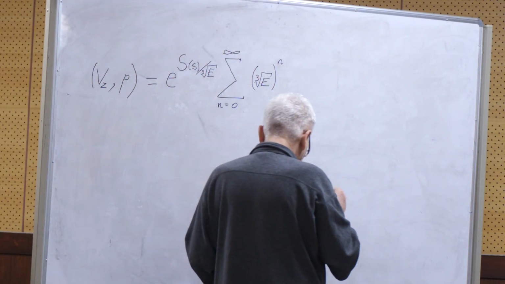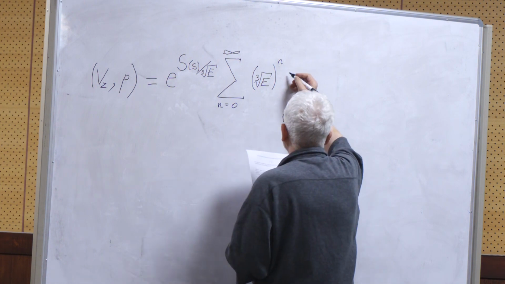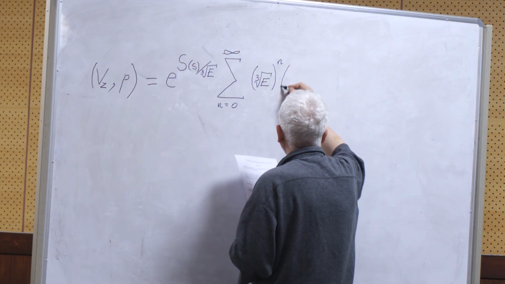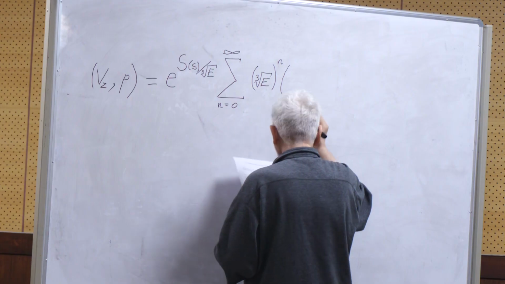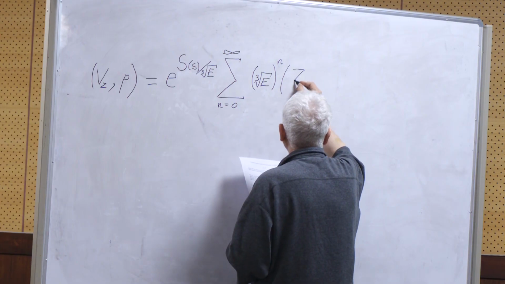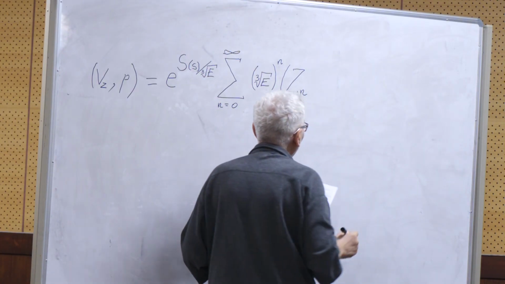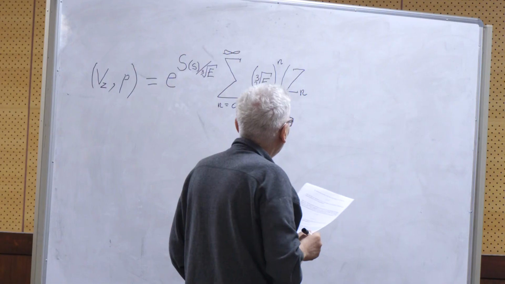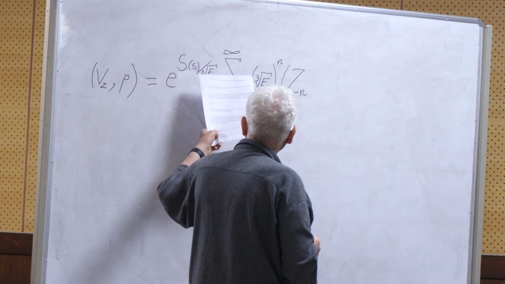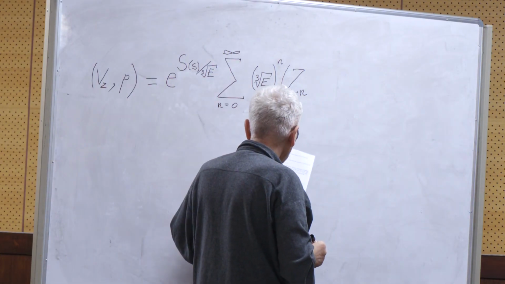And this depends again on a vector, and this vector could be written like that. This is the z function of n, which is also a function of the cylindrical radius.